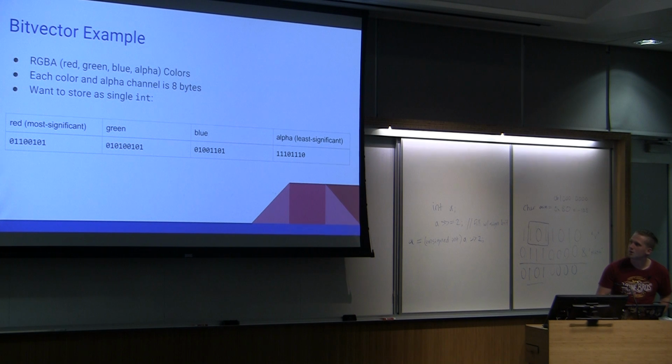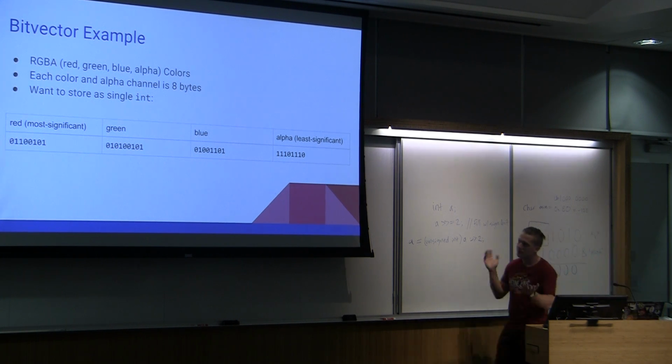Yeah, so here's an example where we do that. So here the problem, let's say we want to store an image, and we want each pixel in the image to be represented by a 4-byte integer. So let's say our colors are red, green, blue, and alpha channels, where alpha is like how transparent the pixel is.